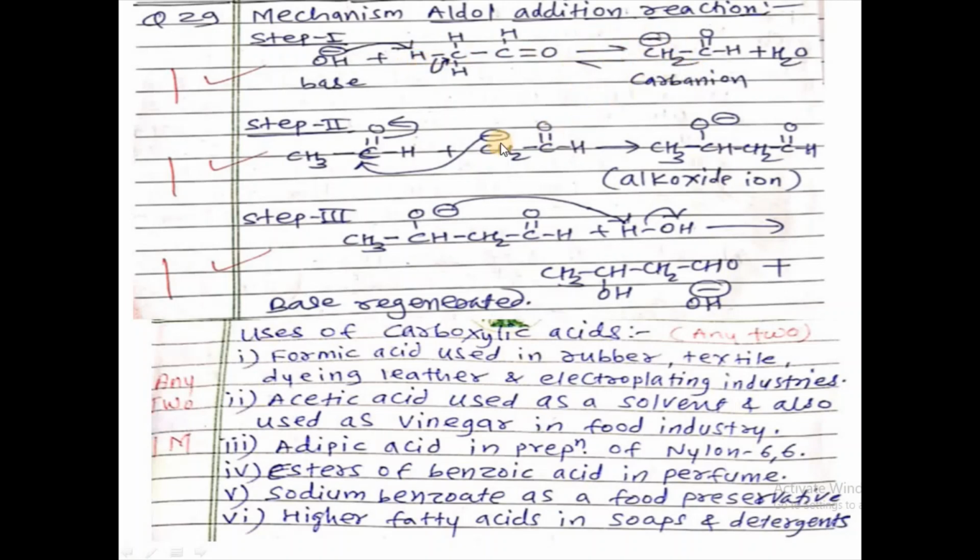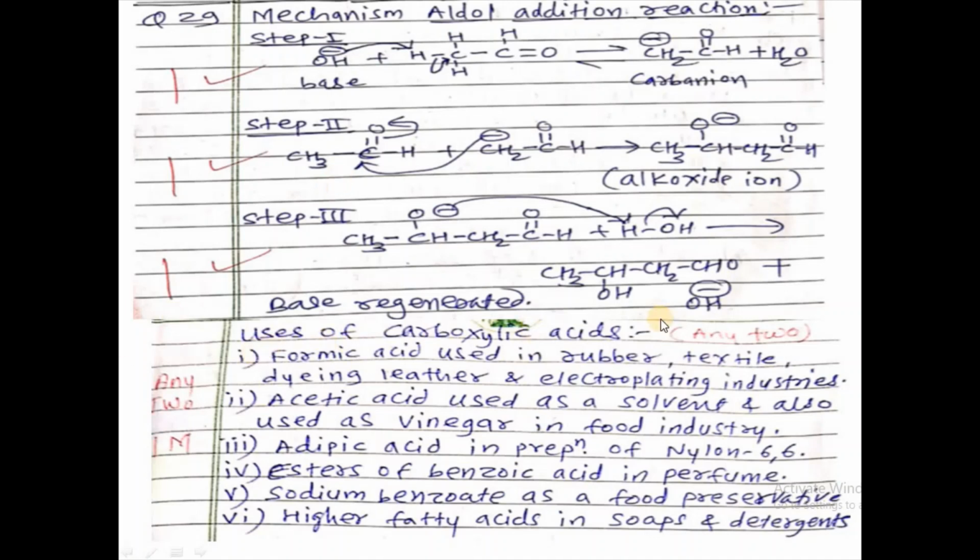Carbanion is formed. That carbanion attacks the carbonyl carbon of another aldehyde molecule, and alkoxide ion is formed. That alkoxide ion is protonated and beta hydroxyaldehyde is formed as a product. 1 step carries 1 mark. Mechanism is very easy and you can get marks easily.